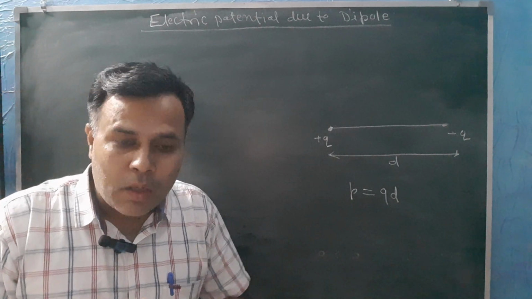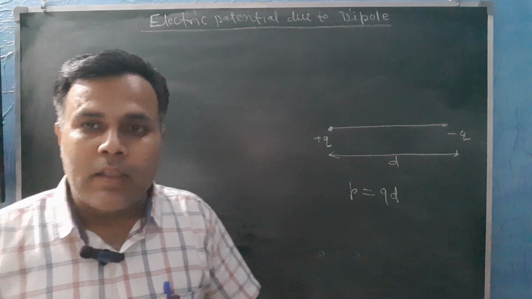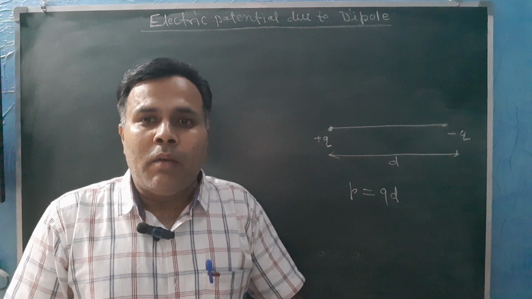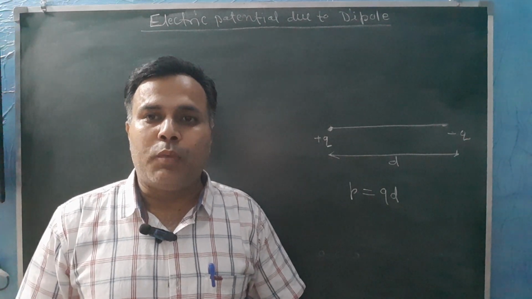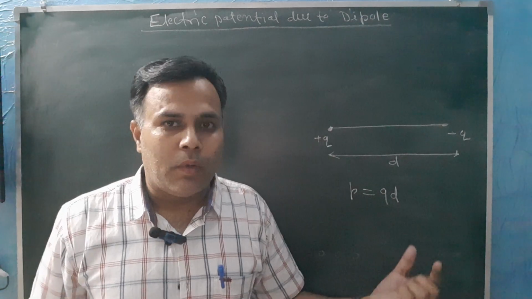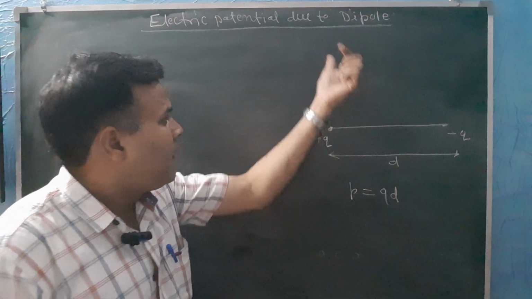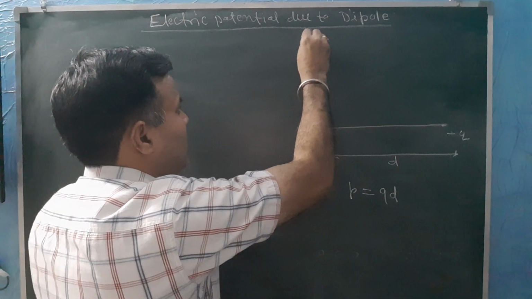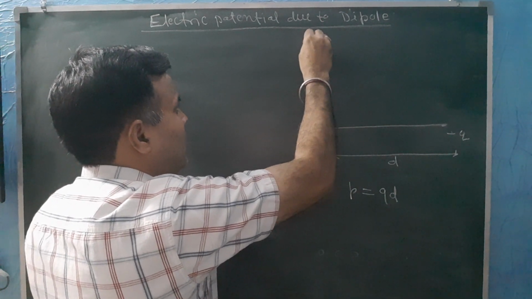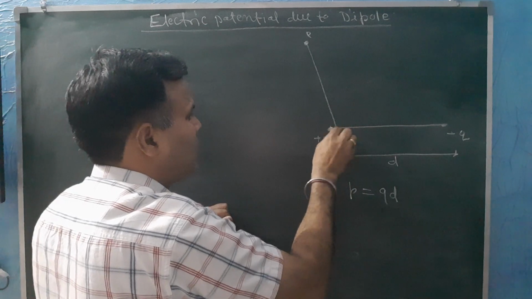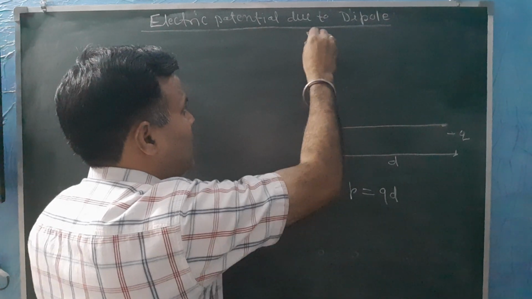And what is our objective in this lecture? Our objective is to find the expression of electric potential due to this dipole. We know potential is a scalar quantity. This is the point P where we want to find the electric potential.